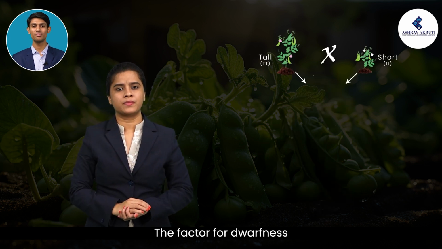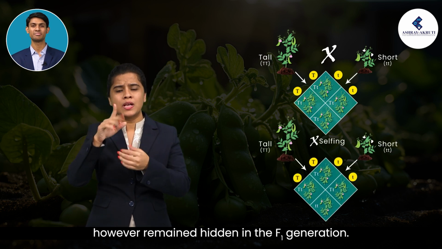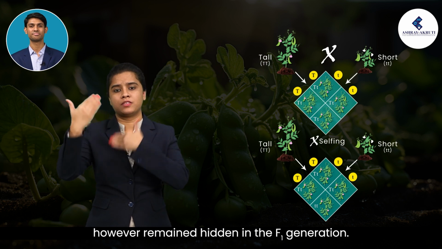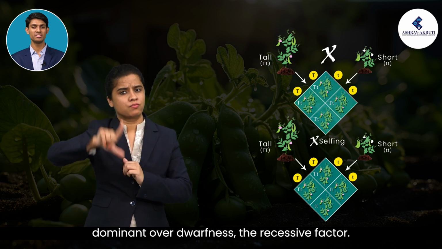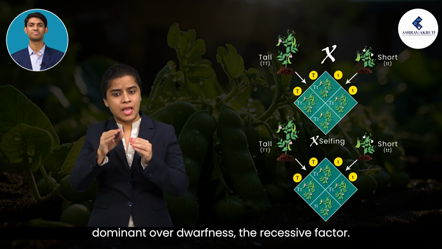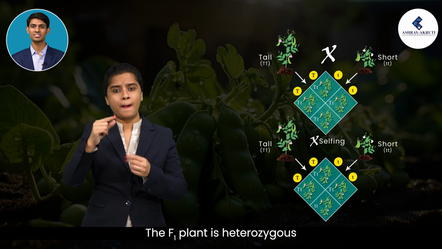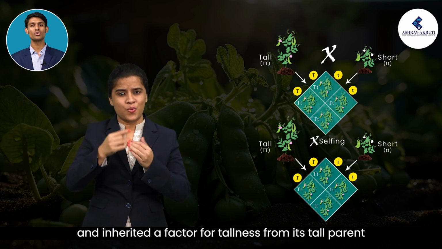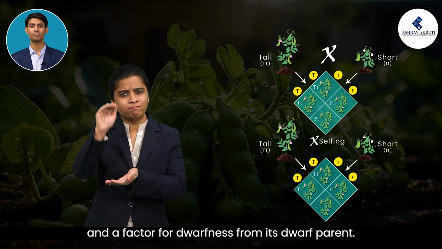The factor for dwarfness, however, remained hidden in the F1 generation. Mendel called this factor for tallness dominant over dwarfness, the recessive factor. The F1 plant is heterozygous and inherited a factor for tallness from its tall parent and a factor for dwarfness from its dwarf parent.